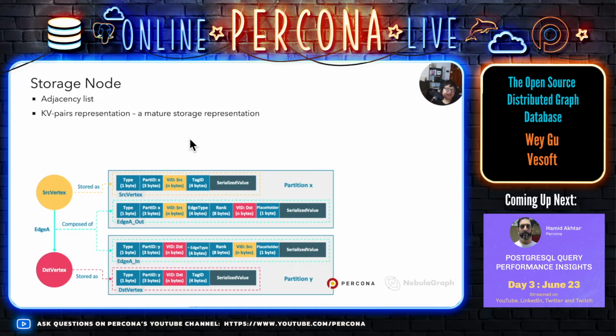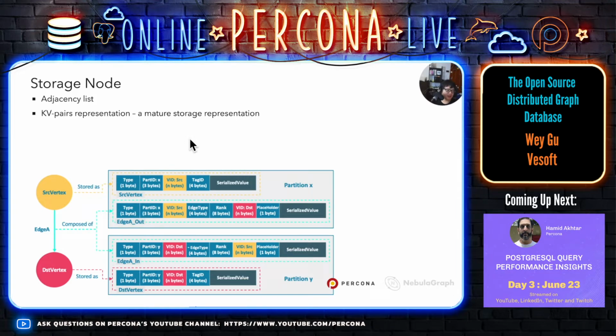And yes, but why do we choose to use KV storage, not structured storage, to persist the graph data? The reason is that KV storage is quite mature, and it's really easy to implement a distributed system with Raft on top of that.